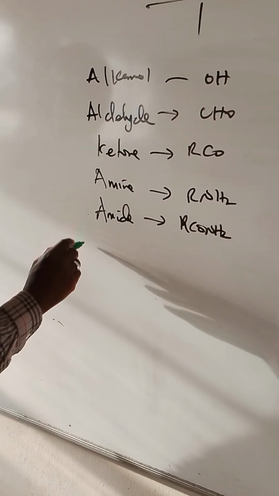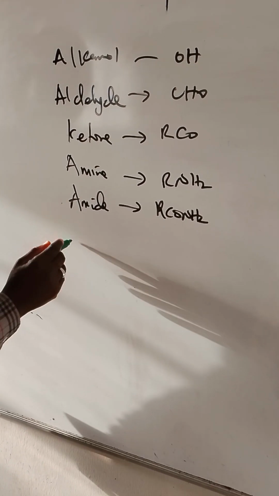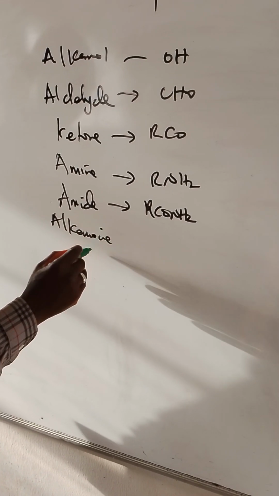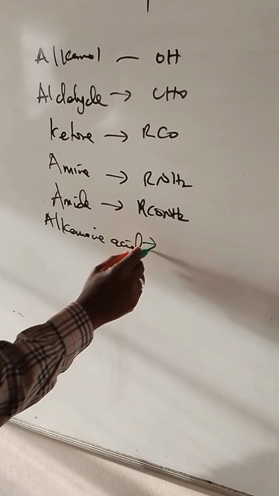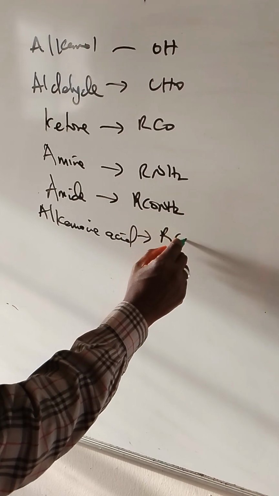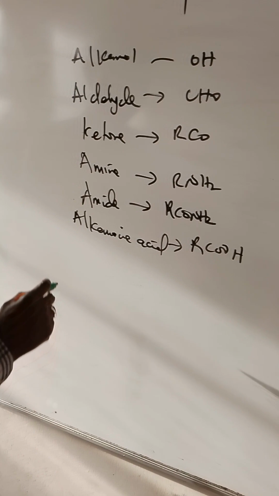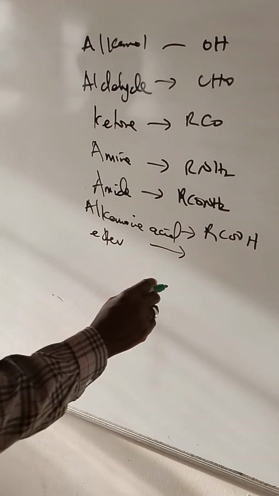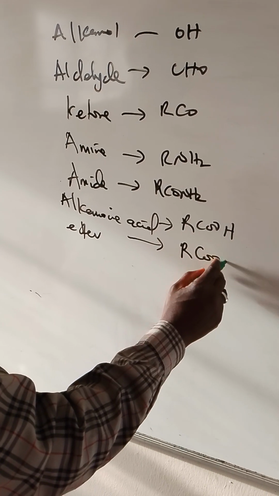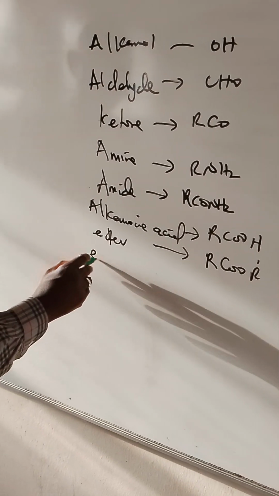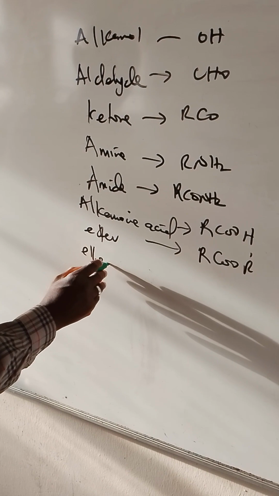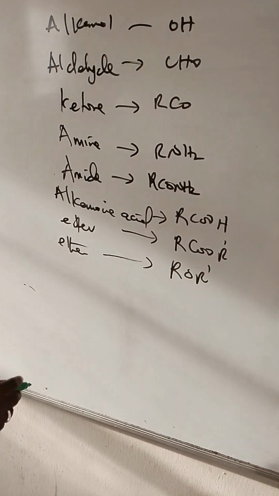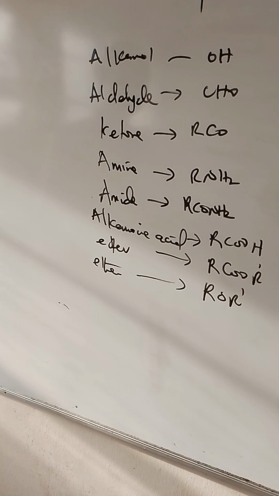We have alkanoic acids, and the functional group of alkanoic acid is RCOOH. We have the ester family, whose functional group is RCOOR prime. We have ether, whose functional group is ROR, and so on.